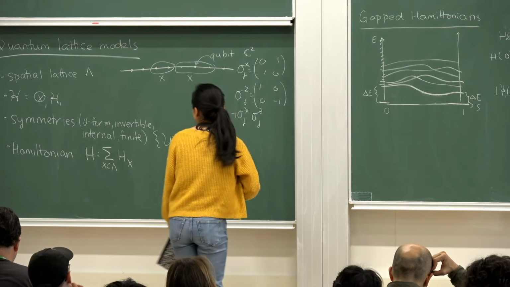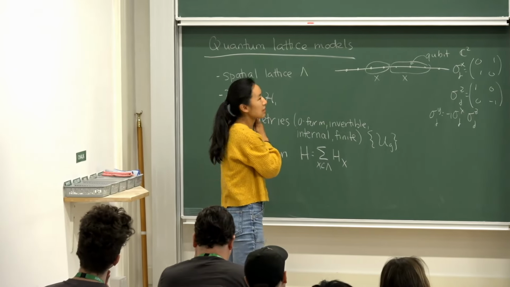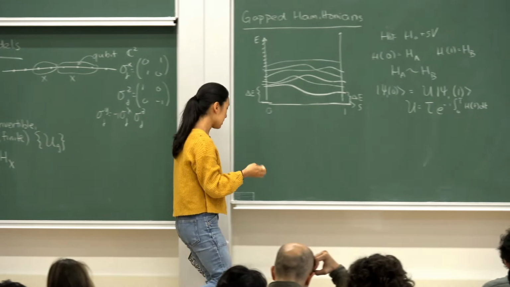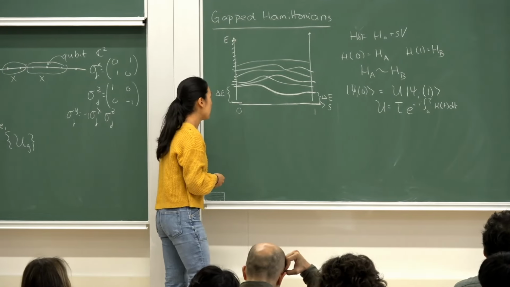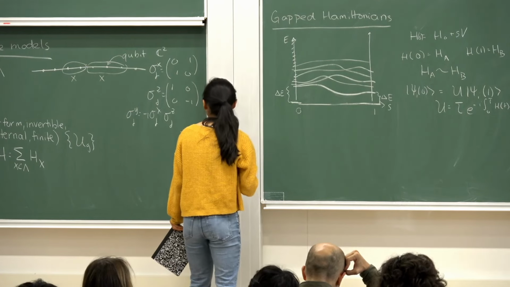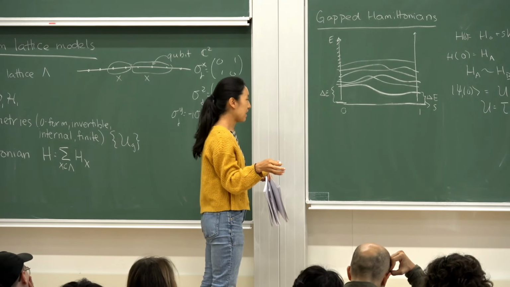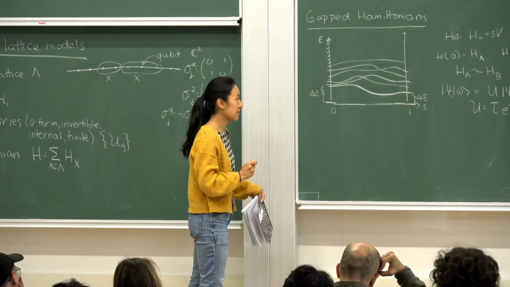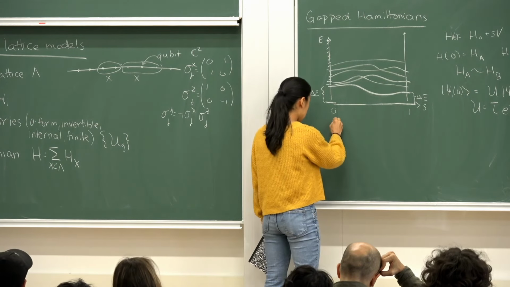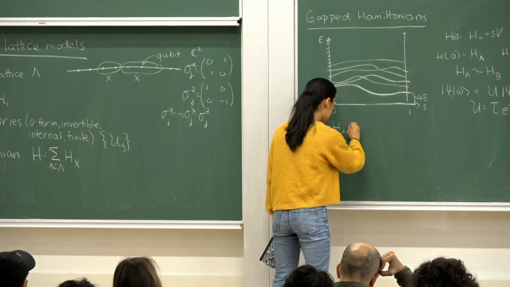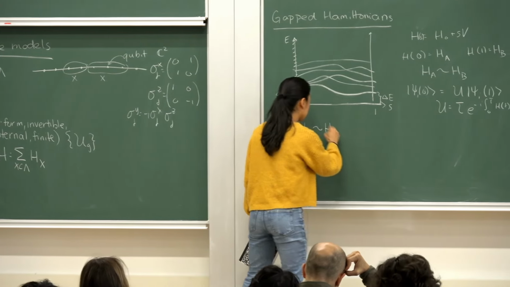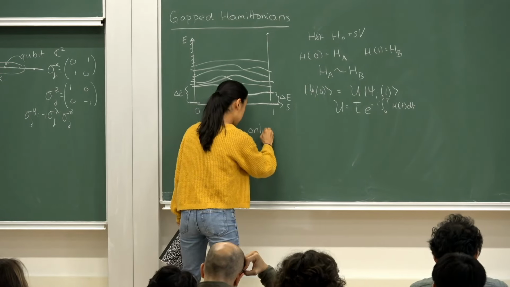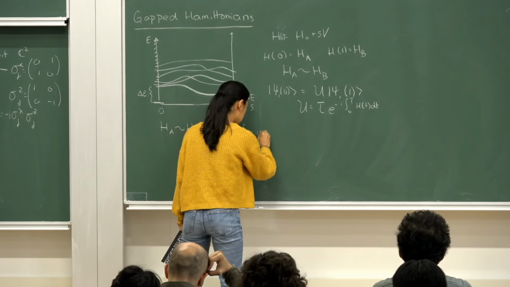Okay, so in particular we'll also study SPTs, which are a particular kind of gapped phases of matter. Distinct SPTs are protected by symmetry, so it's a symmetry protected topological phase. What that means is you can interpolate between HA and HB, but only if you break the symmetry.